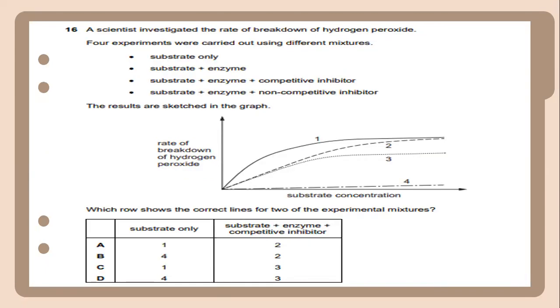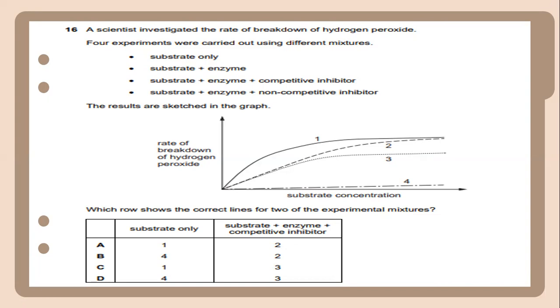A scientist investigated the rate of breakdown of hydrogen peroxide. 4 experiments were carried out using different mixtures, which are substrate only, substrate plus enzyme, substrate plus enzyme plus competitive inhibitor, and substrate plus enzyme plus non-competitive inhibitor. The results are sketched in the graph.